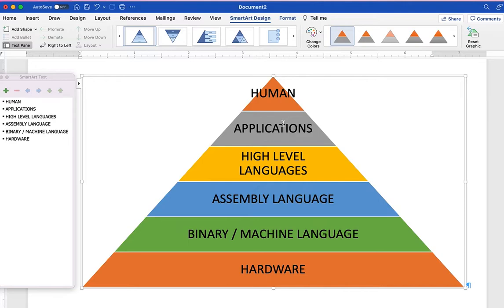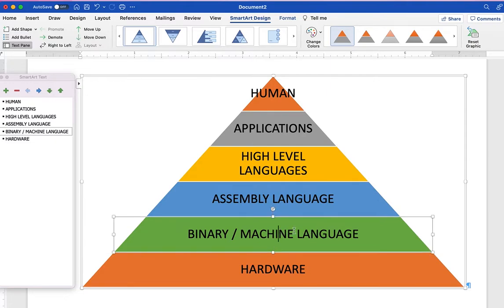This application is the visual representation of the high-level language code. That high-level language code was built on top of the assembly code. That assembly code literally translated the binary code. And that code was understood by the hardware. So every single time I click something, click, click, click, click, click, and it's doing something instantaneous, my computer is basically translating from human to application to high-level language to assembly to binary to the machine.